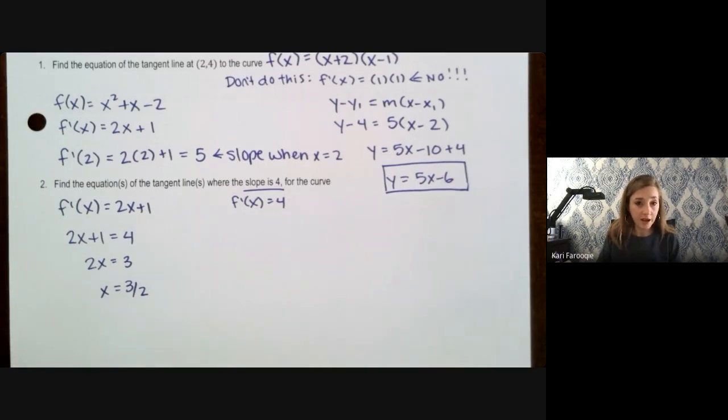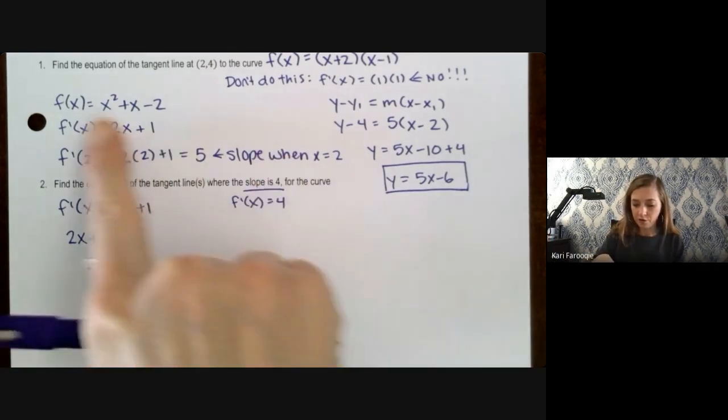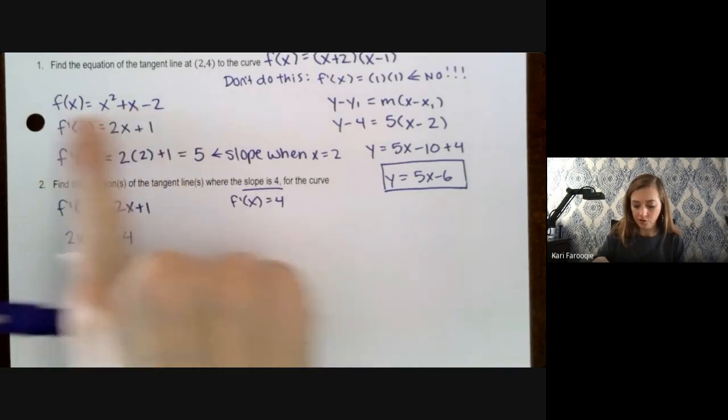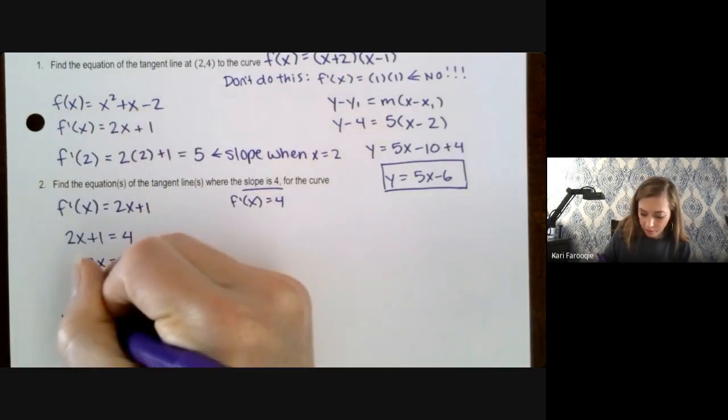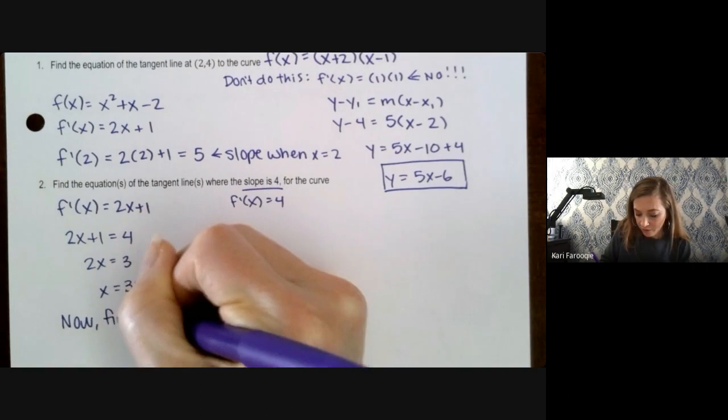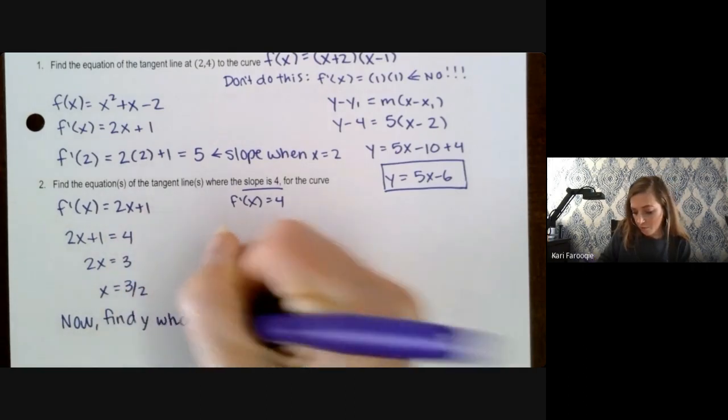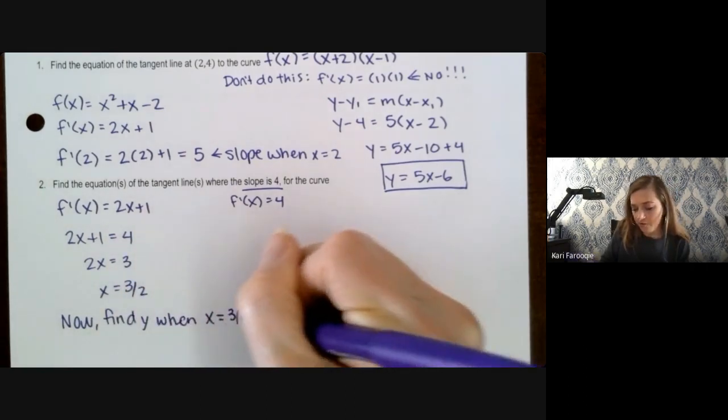Now, this is the x value where the slope is 4. Remember that I'm looking for a point on this curve. The curve is up here. So what I need to do now is find the y value, find y when x equals 3/2.